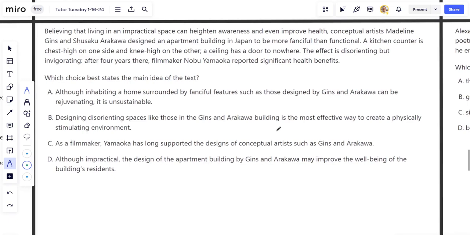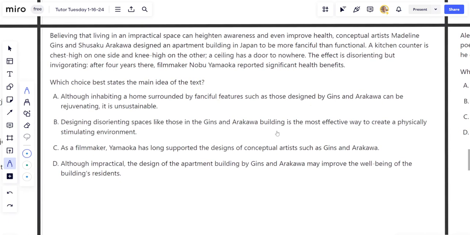Okay, next one is asking about the main idea of a text. Main idea of a text. Let's see. Believing that living in an impractical space can heighten awareness and even improve health, conceptual artist Madeline Jins and Shusaka Arakawa designed an apartment building in Japan to be more fanciful than functional.